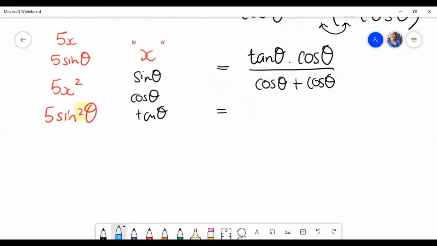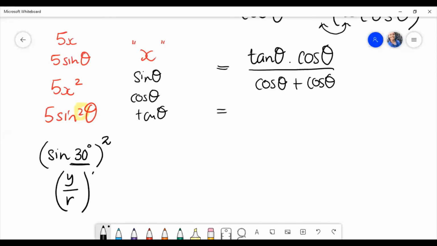If you were to substitute a value into the calculator, it opens its bracket, you insert the angle and it closes it, then you need to square it. But the overall result is to always remember the original ratio as such is still squared.